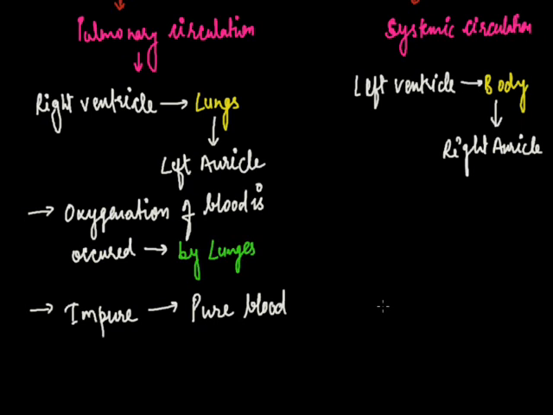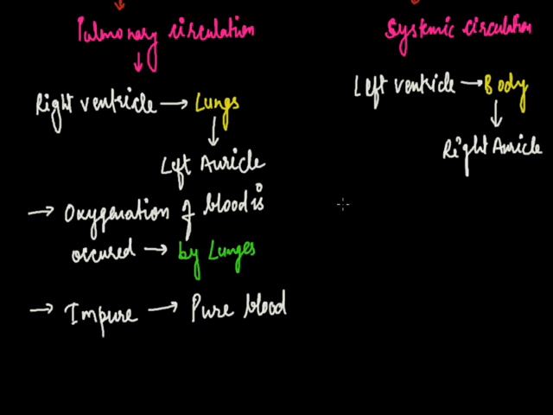Through the dorsal aorta it circulates throughout the body, and through the vena cava it comes back into the right auricle. This kind of circulation is called systemic circulation.